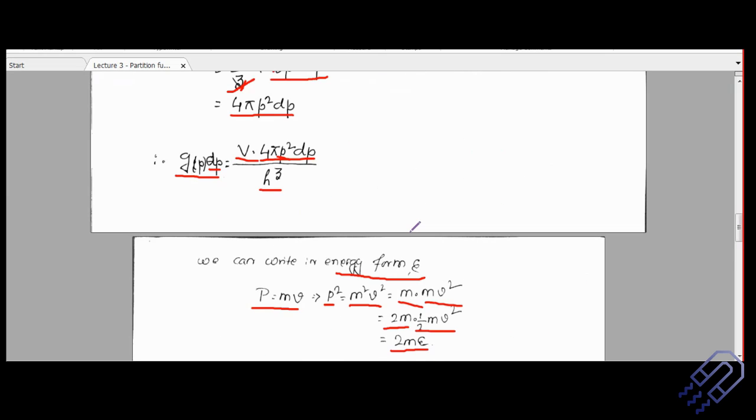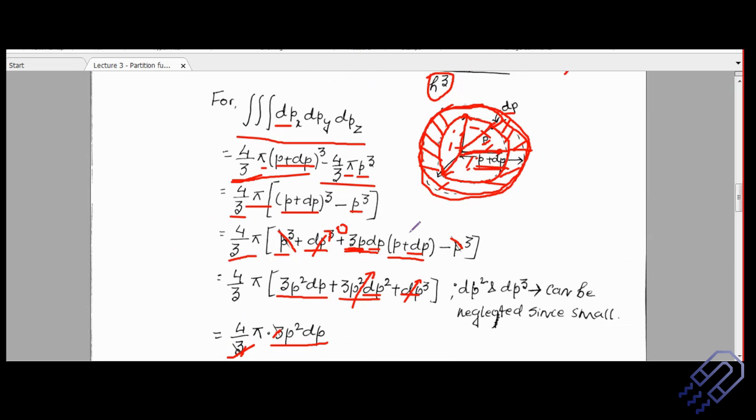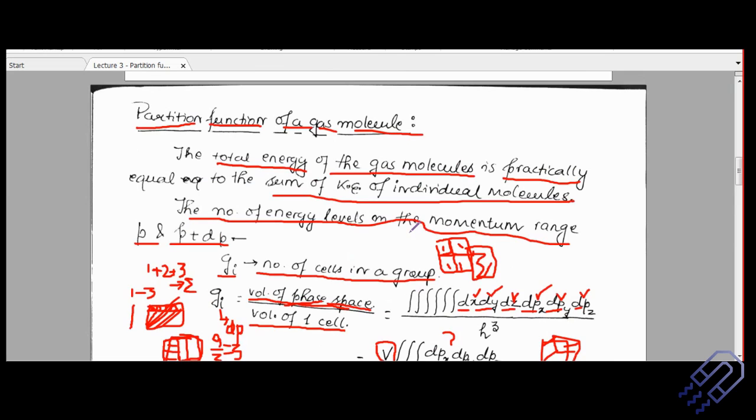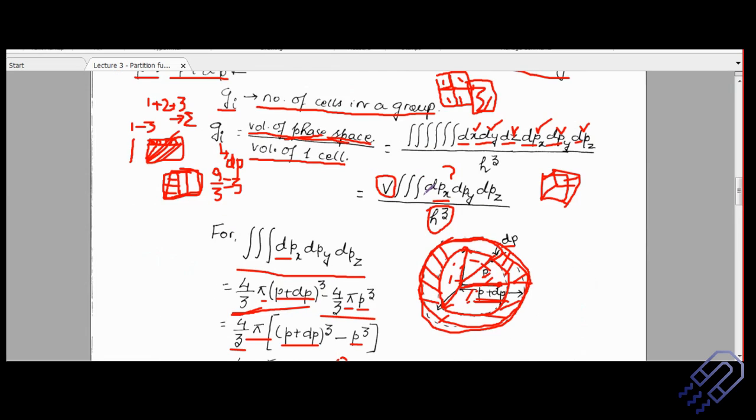This is the partition function of a system of gas molecules. So what does it tell us? It gives information about the energy distribution. The total energy of the gas molecule is practically equal to the sum of the individual kinetic energies.